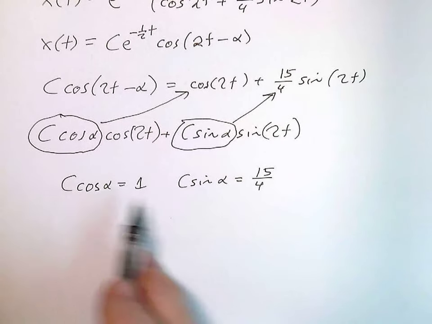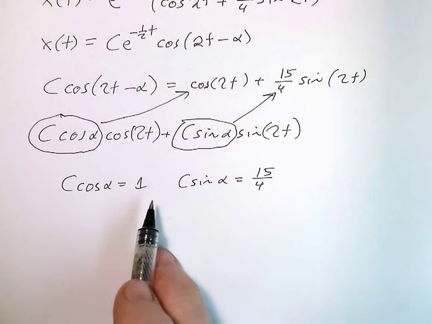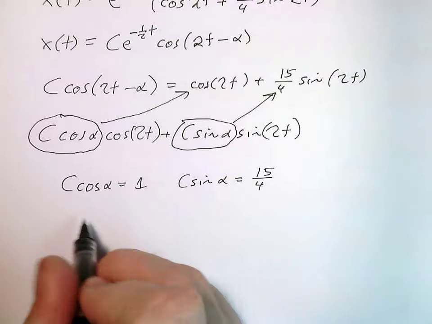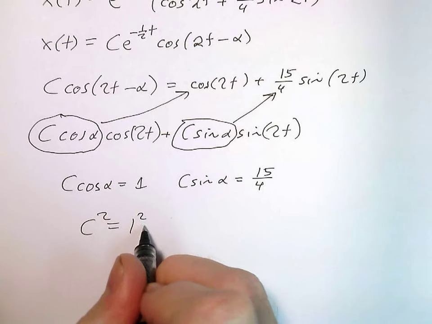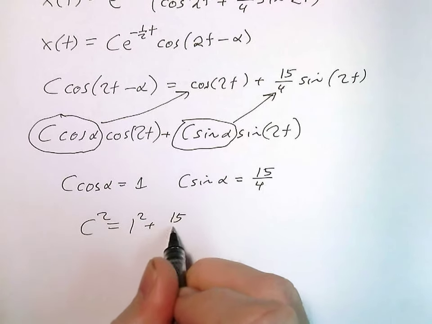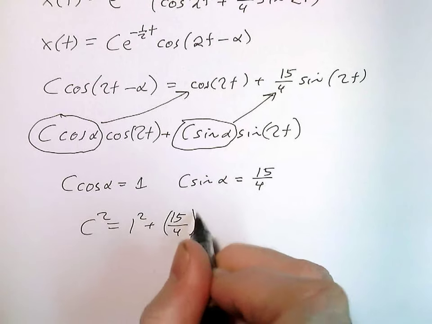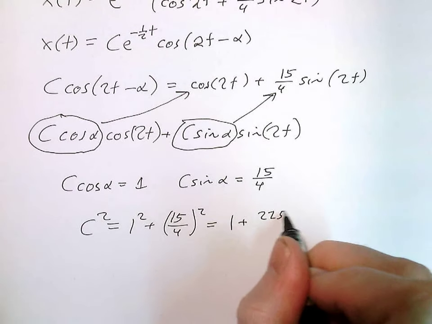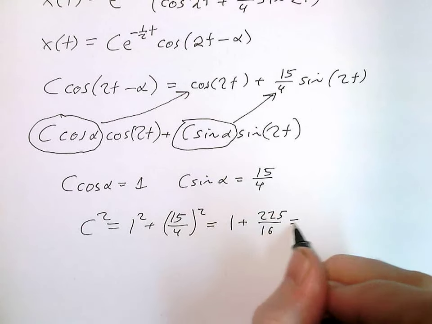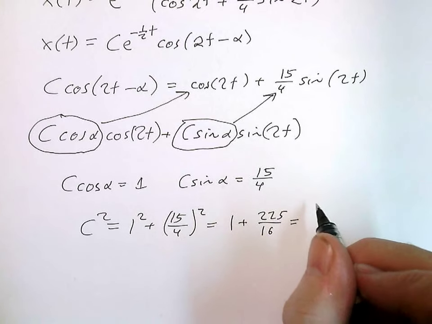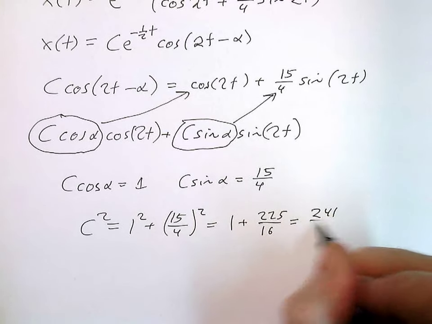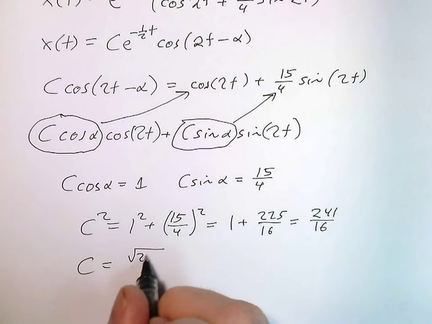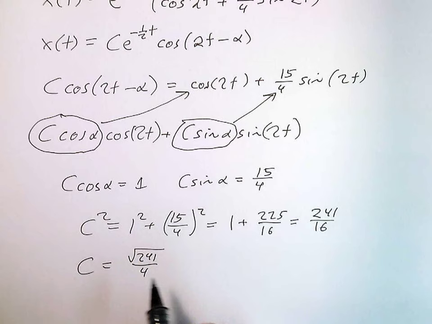If I sum the squares of my left-hand side, I just get c squared, because cosine squared plus sine squared is 1. So c squared is 1 squared plus 15 over 4 squared. So this is 1 plus 225 over 16, so I have 241 over 16. So c here is square root of 241 over 4 then.